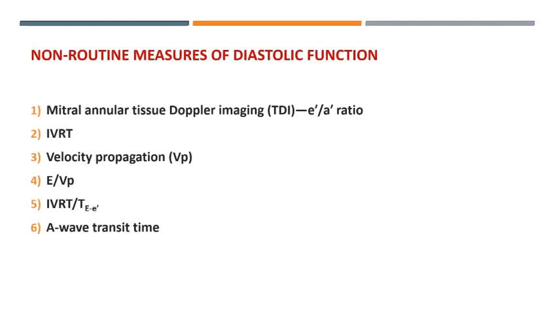Though the following parameters are not recommended for routine clinical practice, they may provide insight into left ventricular diastolic function in certain scenarios: mitral annular tissue Doppler imaging, TDI, E/e prime ratio, IVRT, velocity propagation, E/Vp ratio, IVRT, E/e prime ratio, A wave transit time.